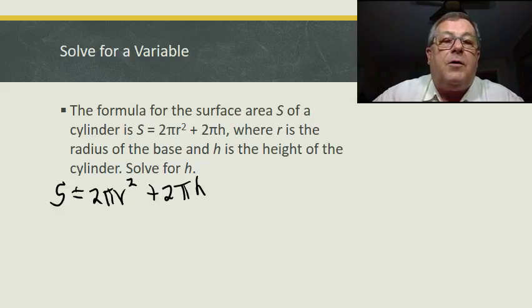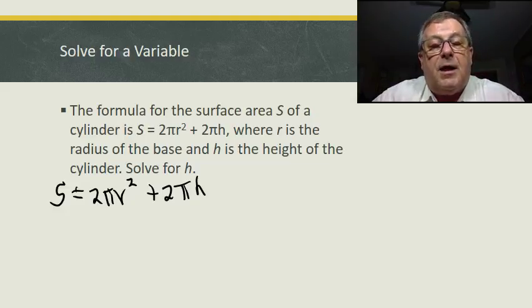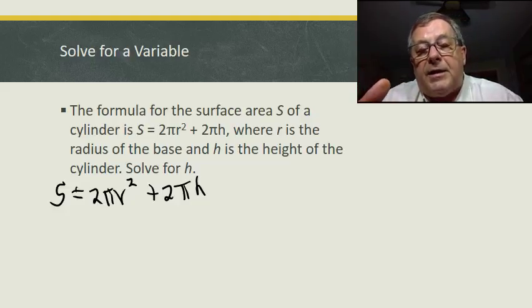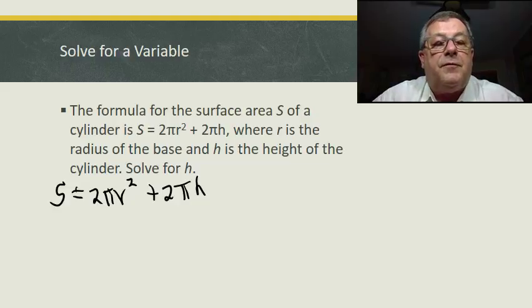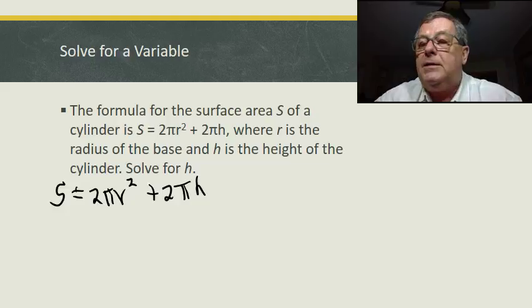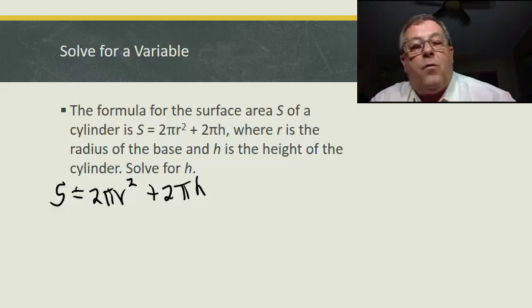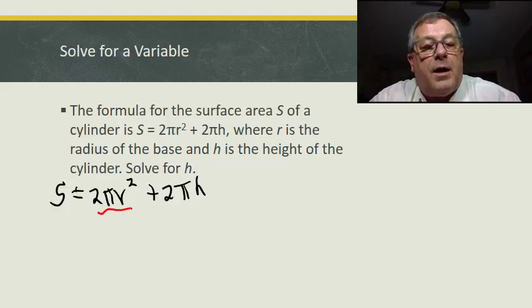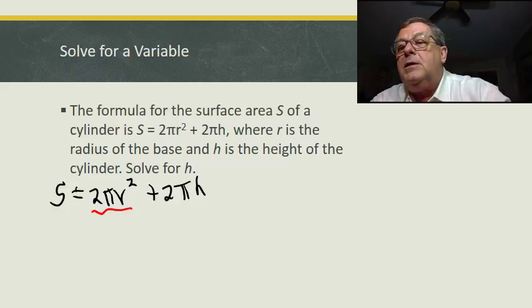When we're solving equations, and in this case solving for a specific variable, we want to think about the order of operations in reverse, from the bottom up. The first thing is, is there anything we could add or subtract? This term, positive 2 pi r squared, we could subtract from both sides.